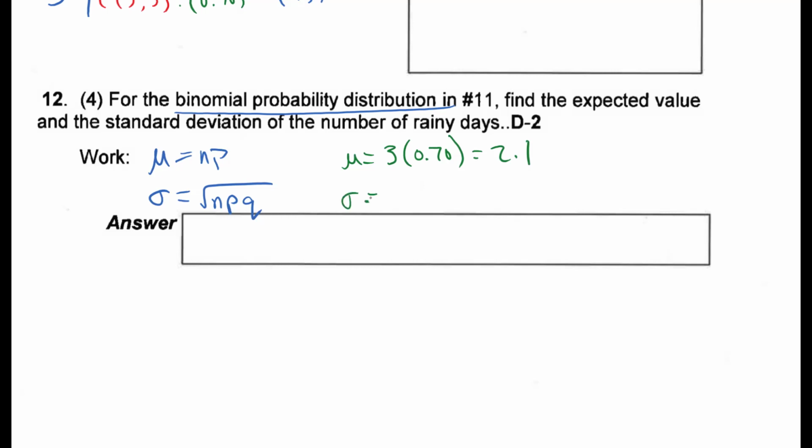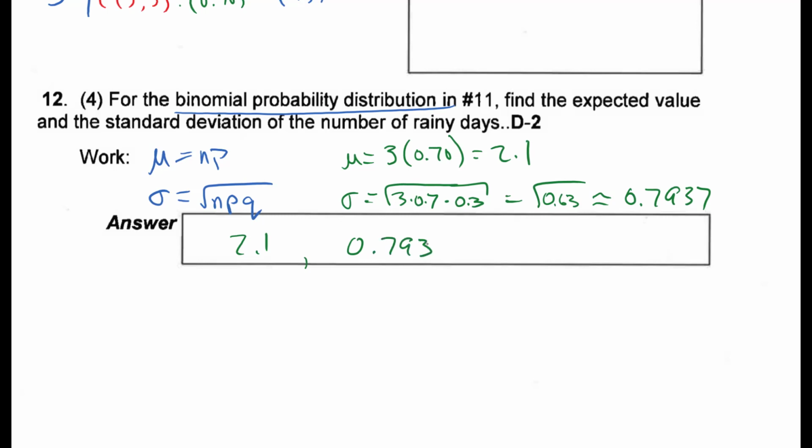For the standard deviation, we're going to get the square root of 3 times 0.7 times 0.3, since Q is just what adds up to 1. I get the square root of 0.63, which is approximately 0.7937. Okay. So the expected value and standard deviation are 2.1 and 0.79, to 2 decimal places.